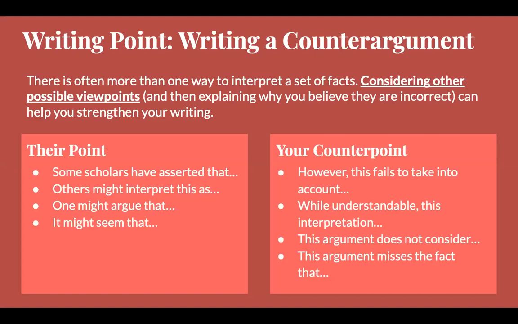And then to introduce your own point, you might say something like, however, this fails to take into account something, or while understandable, this interpretation lacks something. This argument does not consider something, or this argument misses the fact that something, right?